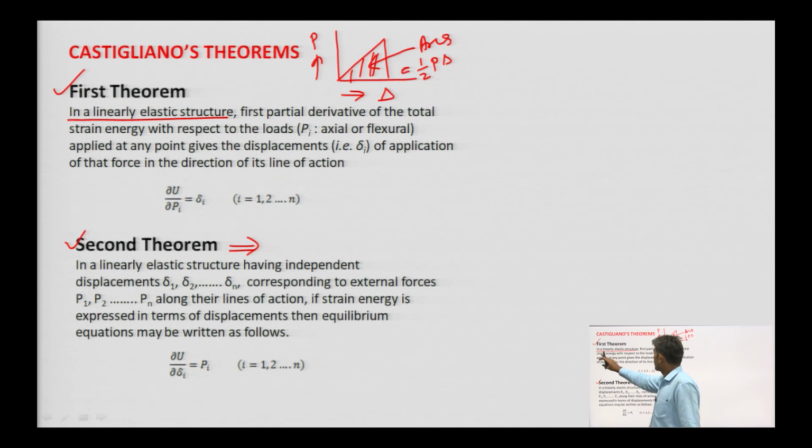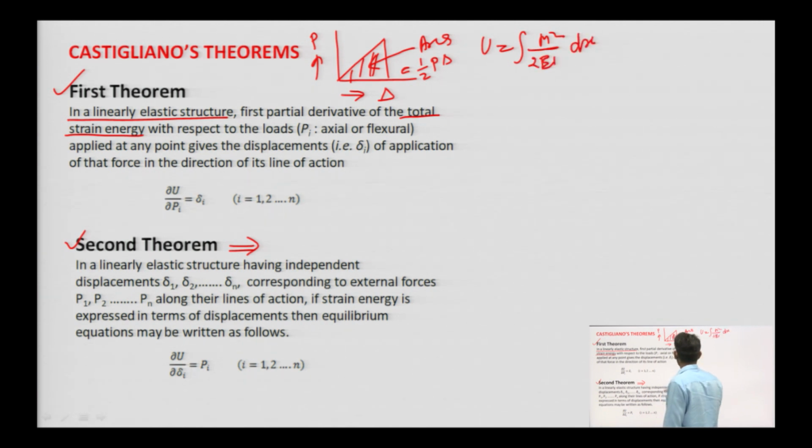So, within a linearly elastic structure, the first derivative of the total strain energy, as I explained in the last class, the total strain energy U for flexure is M squared upon 2EI into dx. This strain energy's first derivative is with respect to the load.